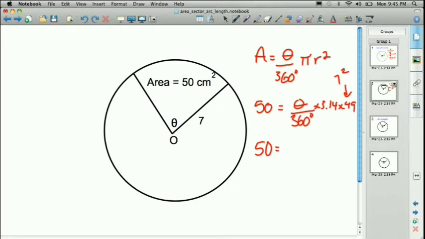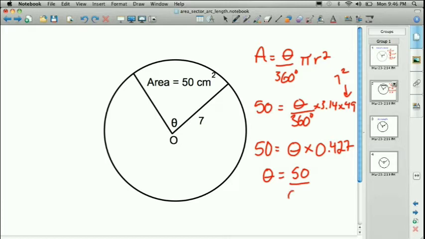So it is coming here 50 is equal to theta upon 360 into 3.14 into 49. So 3.14 into 49 divided by 360, what will come? It will come 0.427. So theta is equal to 50 upon 0.427.